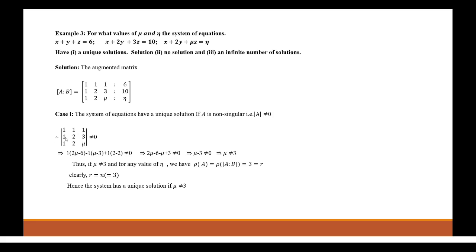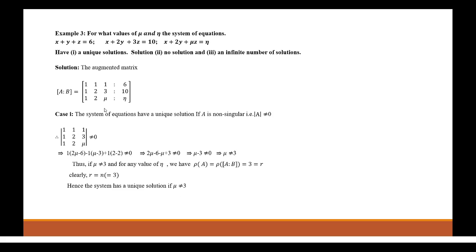From the determinant of A, we get mu is not equal to 3. If mu is not equal to 3 and for any value of eta, rank of A is equal to rank of the augmented matrix, which is 3. So the number of unknowns is 3 and the rank of matrix A is 3. Yes, the system has a unique solution only if mu is not equal to 3.